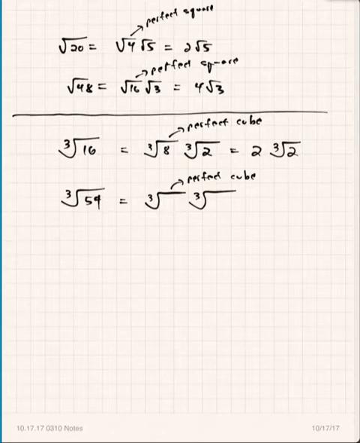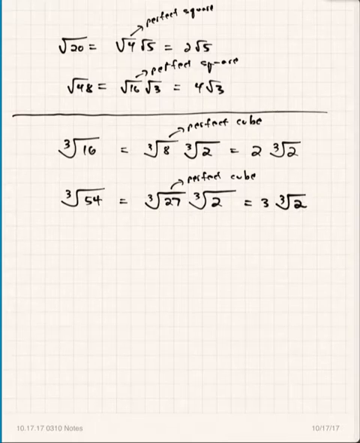And so what would be a factor of 54 that is a perfect cube? 27. There you go, Michelle. So you'd have 27 and 2. And then the cube root of 27 is 3, and you have 3 times the cube root of 2.